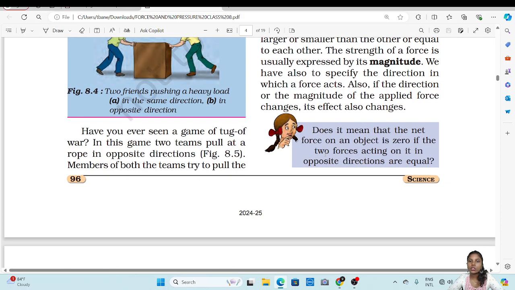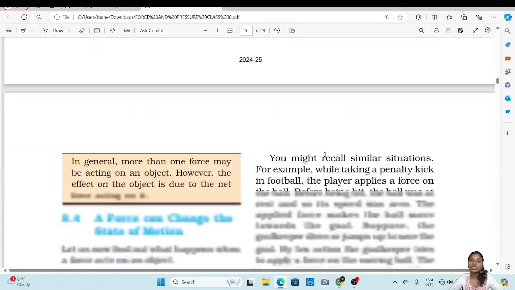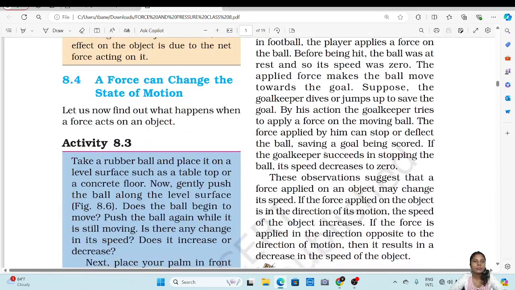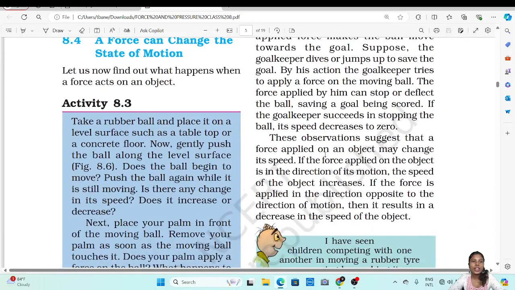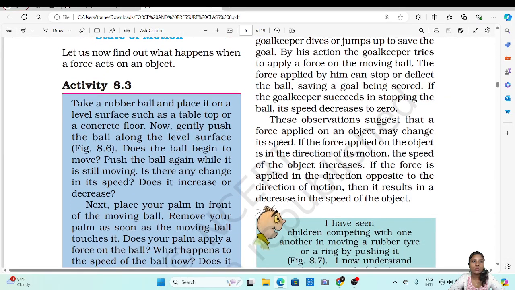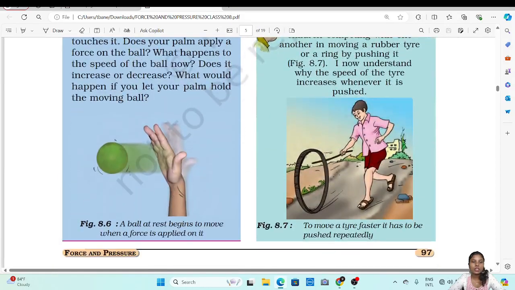If the direction or the magnitude of the applied force changes, its effect also changes. Now, a force can change the state of motion. Let us find out what happens when a force acts on an object.